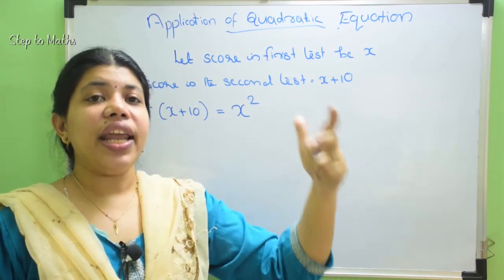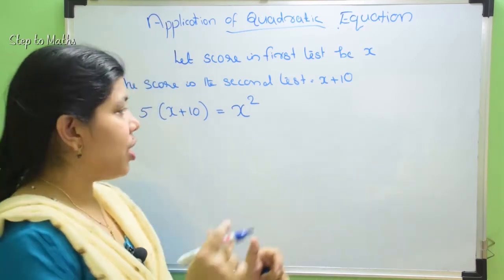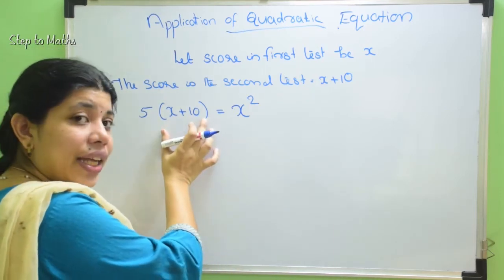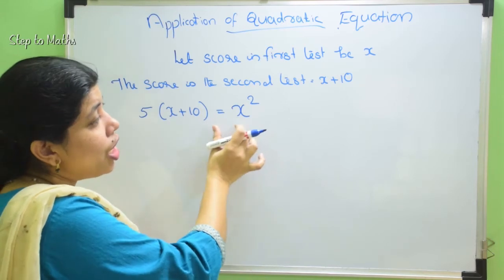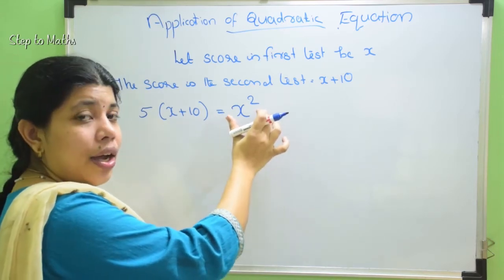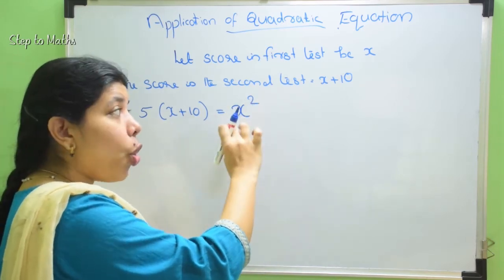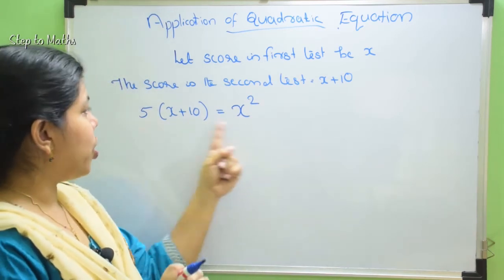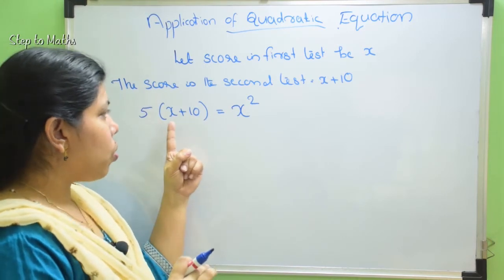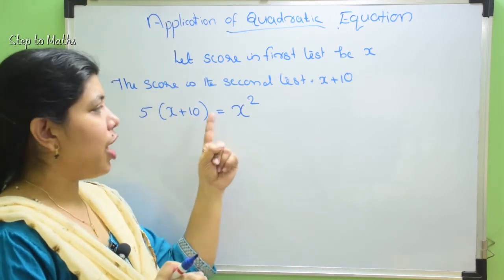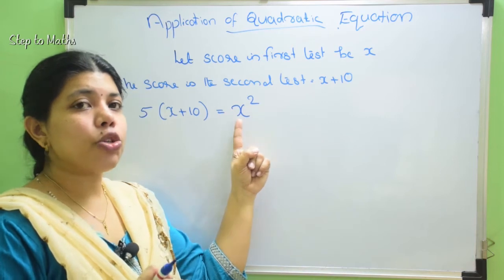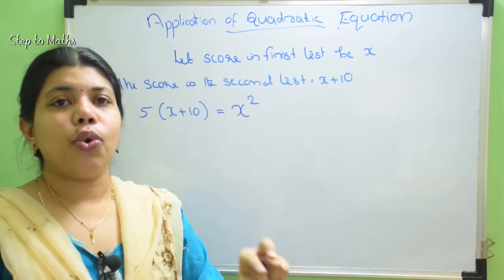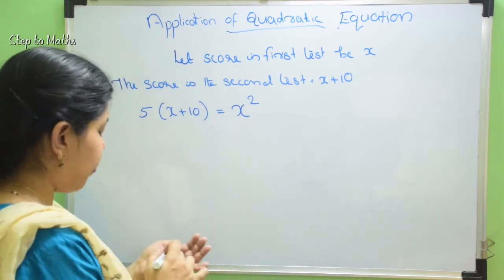The next condition is that 5 times the score in the second test is the same as the square of the score in the first test. We indicate that using this equation: 5 times the score in the second test is equal to the square of the score in the first test. So we find the score in the first test.